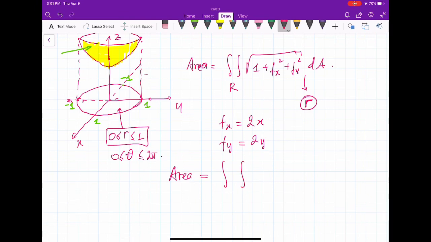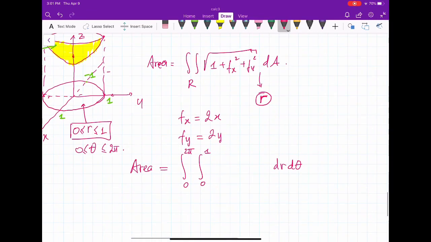you can integrate with respect to r first and then theta later. That is your choice. So we can write dr and d theta. Theta goes from 0 to 2 pi, r from 0 to 1, and inside I will have the square root of 1 plus 4x squared plus 4y squared.